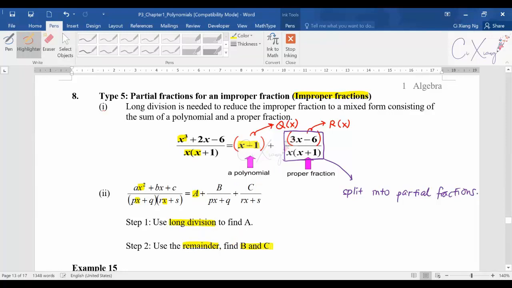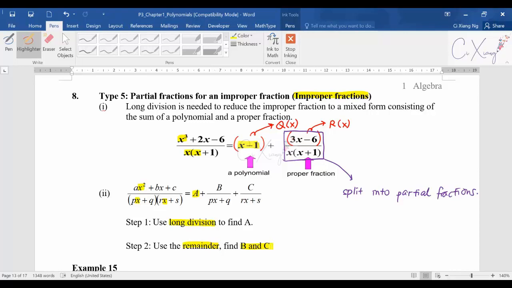Usually in the exam, the question will not tell you that this is an improper fraction. So every time you have to check carefully whether it is an improper fraction or not. I can tell you that this is a very, very common mistake that students make, because usually when they look at the question, they don't check.